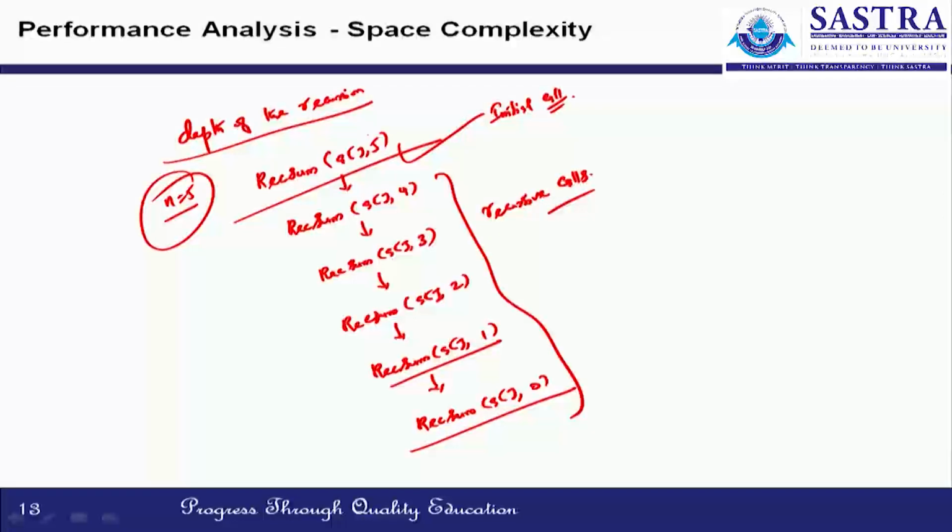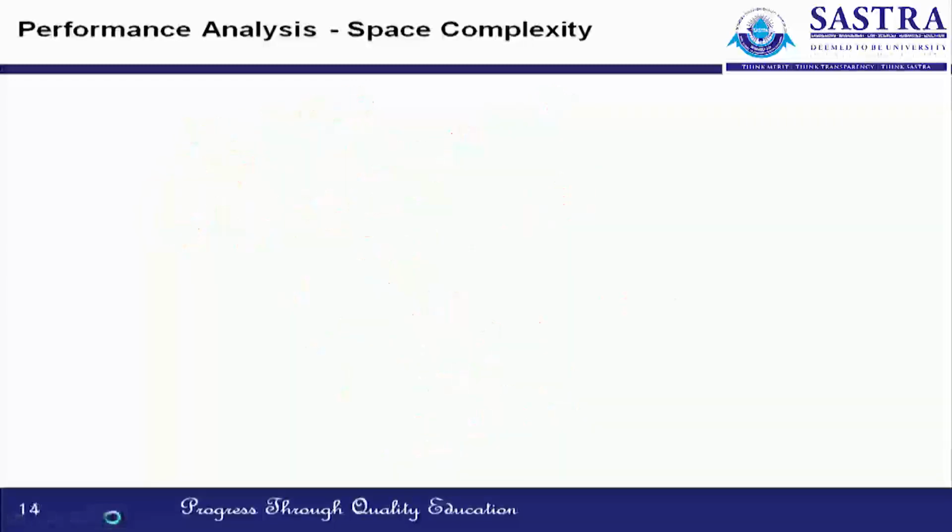So, how many times is the recursive sum algorithm executed? 1, 2, 3, 4, 5, 6. 6 times the recursive procedure is executed for n is equal to 5. In general, if the input size is n, the initial call is recursive sum of A array comma n.